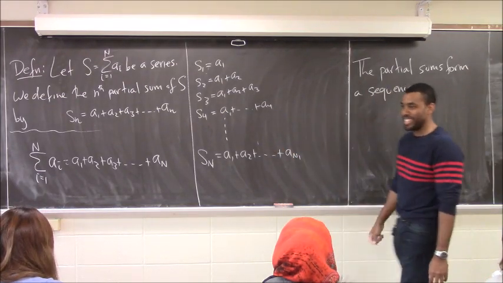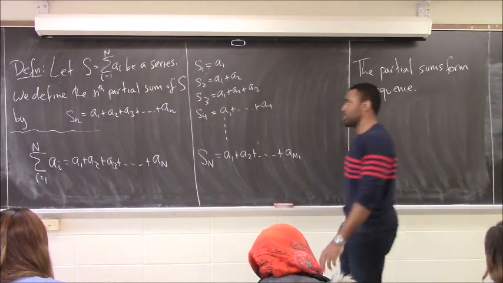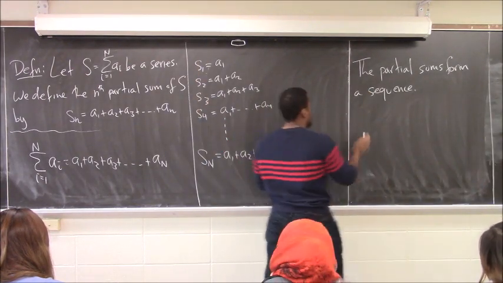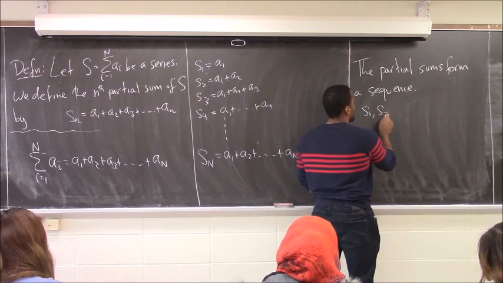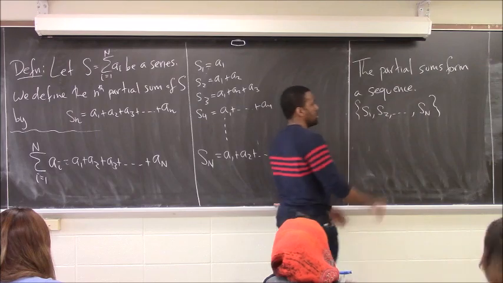Because math people are great at naming things. That's literally what it's called. You can find the sequence of partial sums. And it means that you're just thinking of these guys here as a list of numbers. Right? You can think of them as a list.